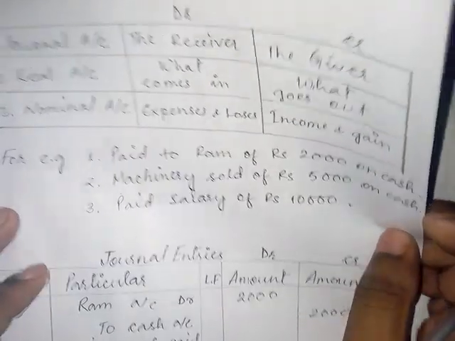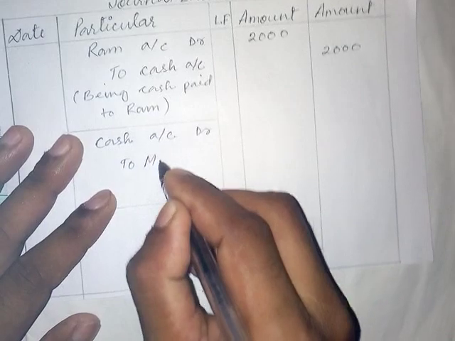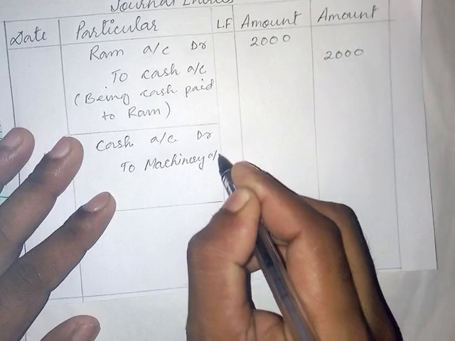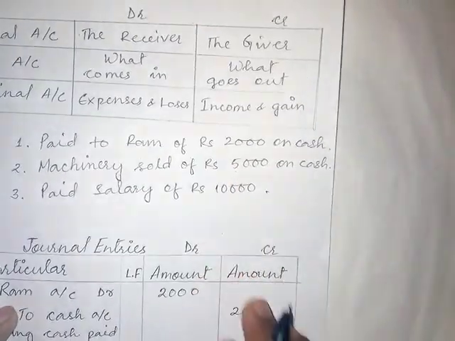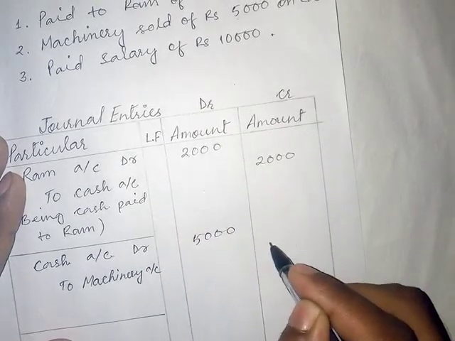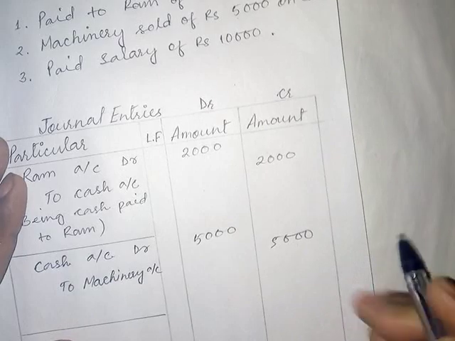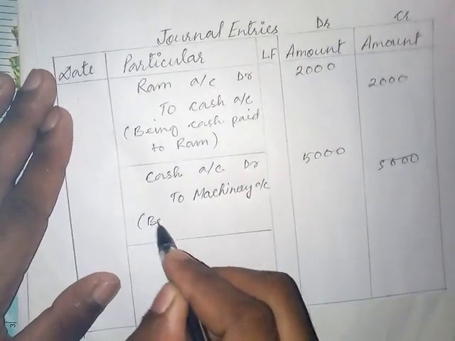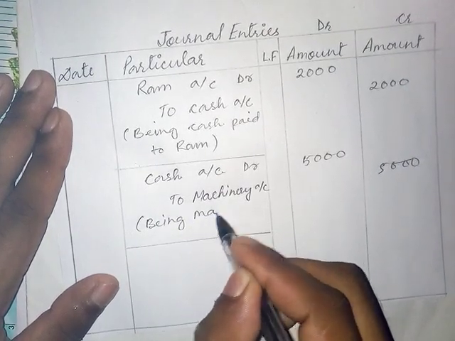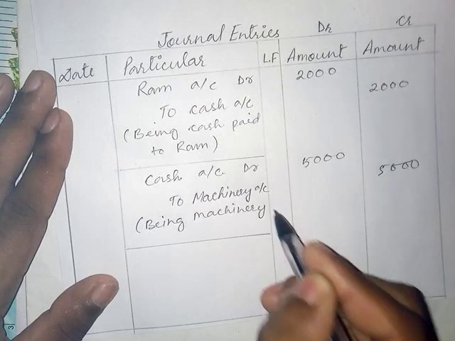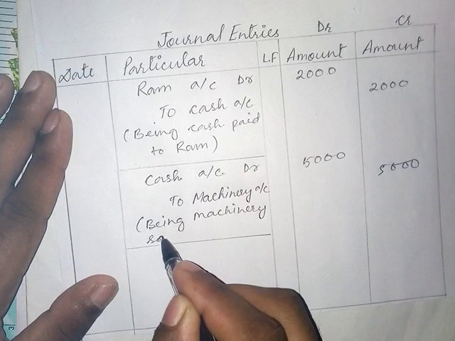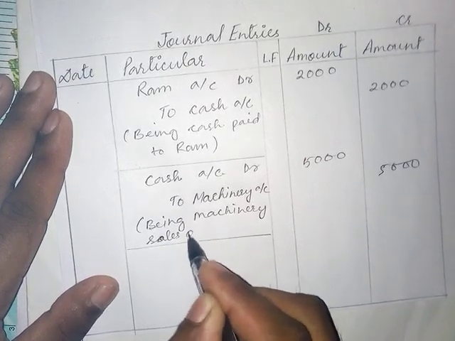So the entry will be: to machinery account. The amount is 5,000, and you put the 5,000 amount on both the debit and credit side. Then write the narration: being machinery sold on cash.